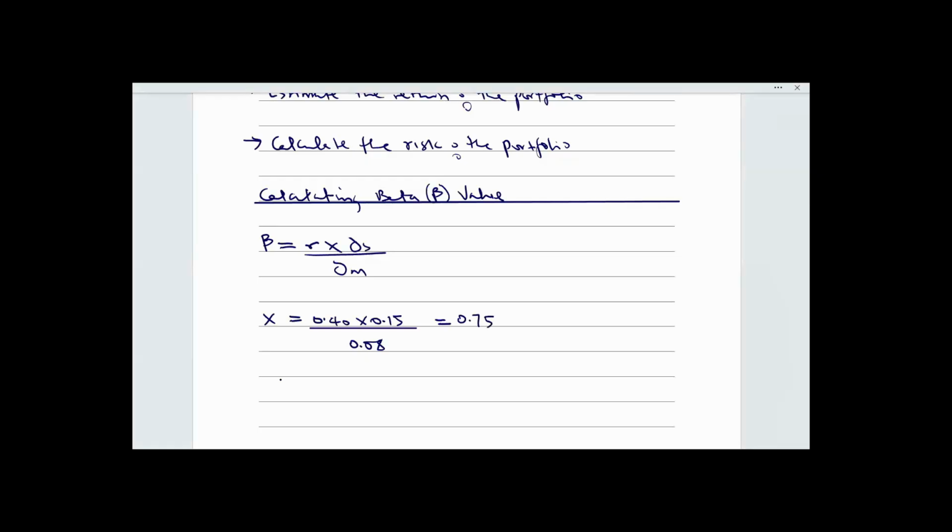That means security X is less risky than the market, because this is less than 1, which is okay.